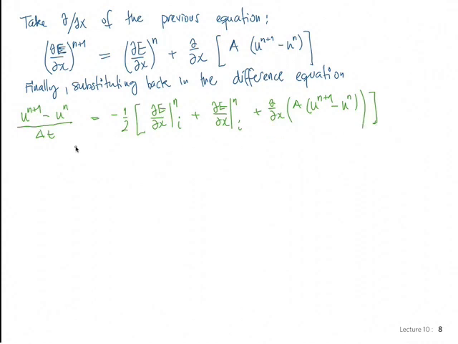So of course now we can write u at n plus 1. All of these are at i. Look at the i's here. We can isolate the next time level, but we still have a u at n plus 1 over here, so we still have to do a little bit more work. This is of course 1/2 d/dx at i, and for this we use second order central difference.